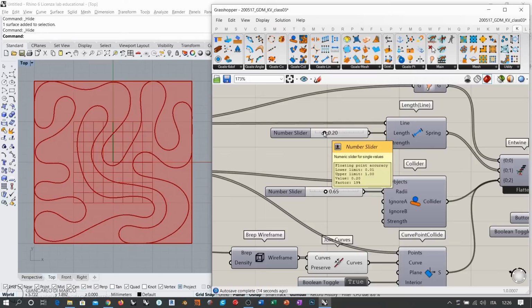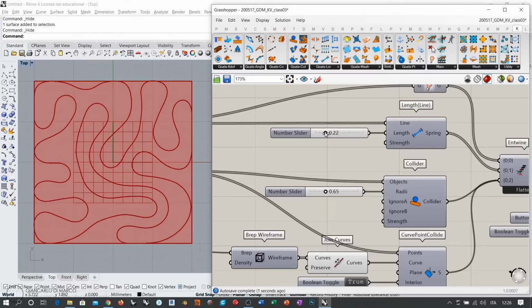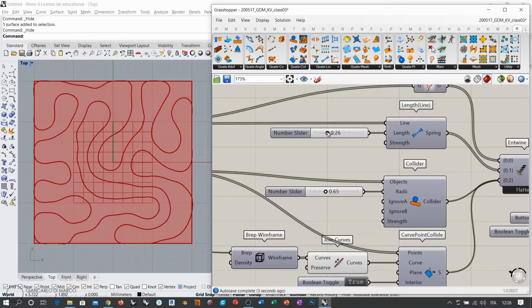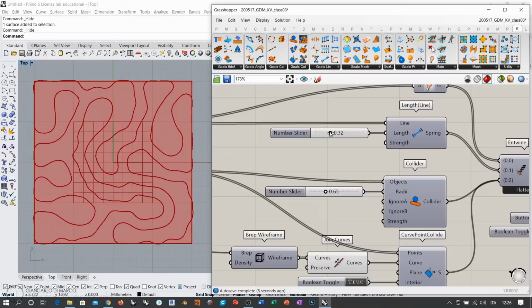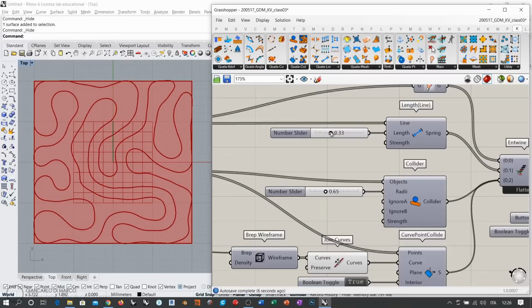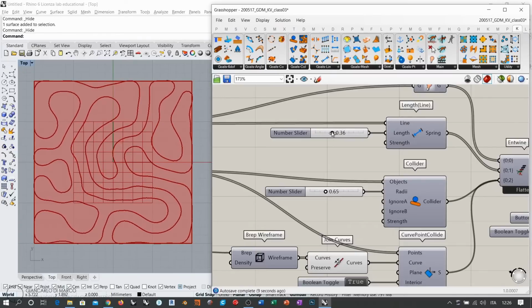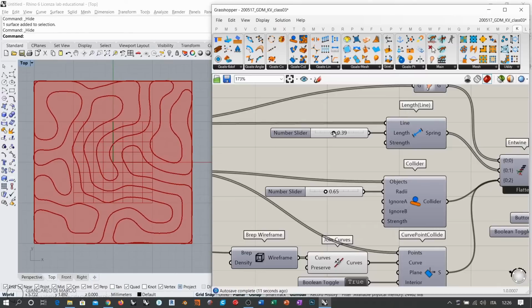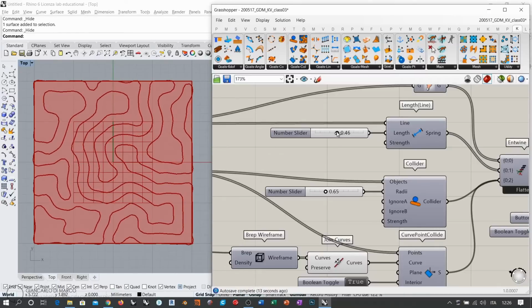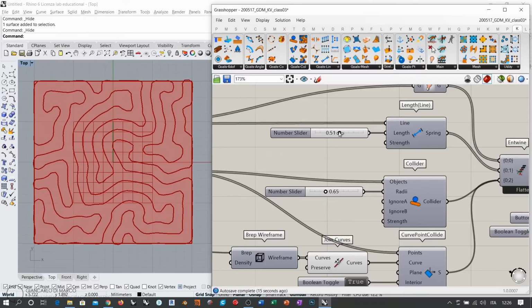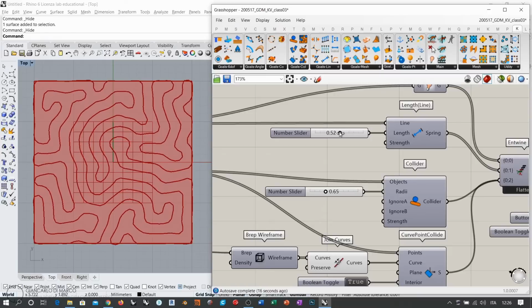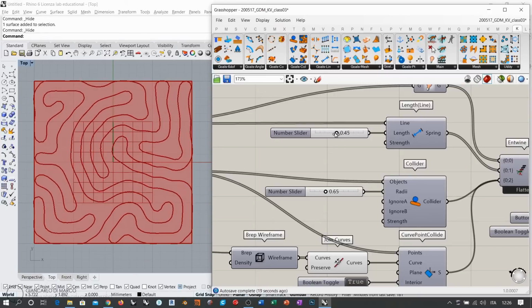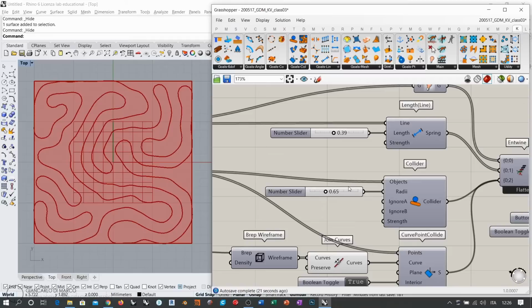So I have a more direct control, because if I now move this, you see that the curve reacts immediately to these small changes, because this is determining exactly the physical length of each segment of my line. Okay, so you see that everything now reacts so fast.